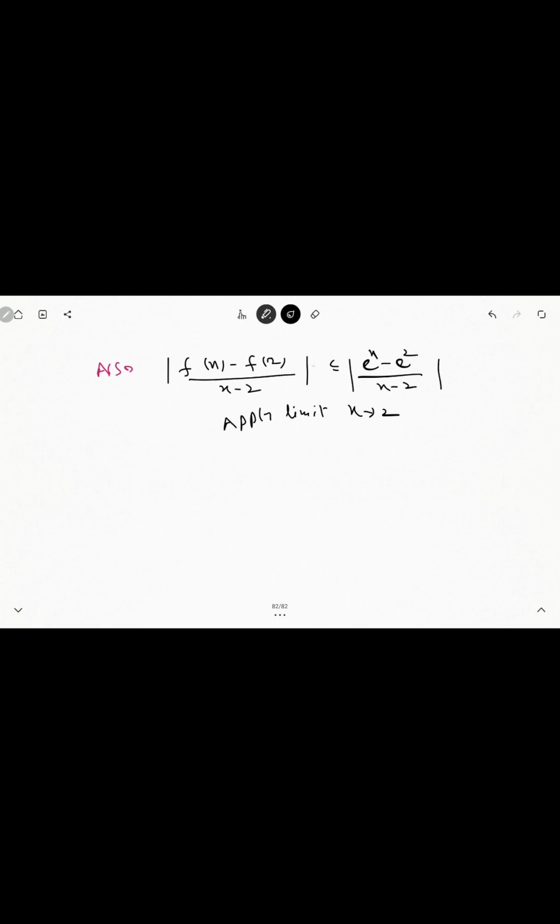So automatically it is the first principles. So it becomes modulus of f dash 2 is less than or equal to, what do you get there? Limit x tends to 2 e power x minus e square by x minus 2. So 0 by 0 form you are getting.